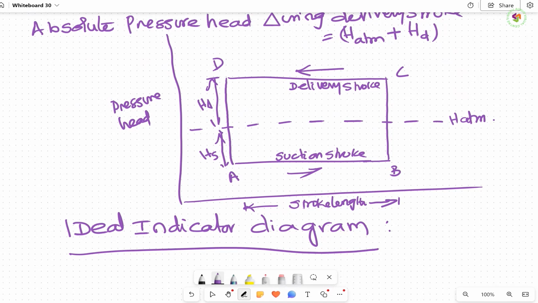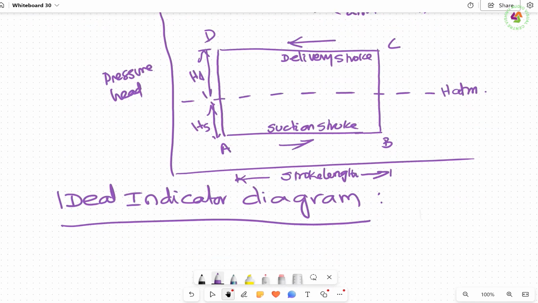Till now we have not studied the effect of the acceleration of the piston on the pressure in the suction pipe and delivery pipe, and similarly the effect of friction on the pressure. Friction is always a loss. How the loss of pressure head in the suction pipe and delivery pipe is going to be is the next article.